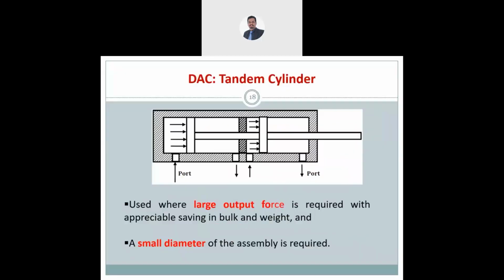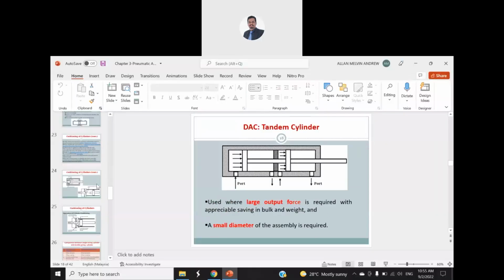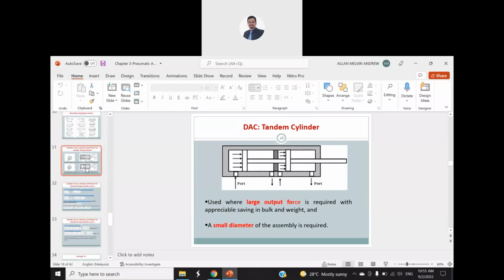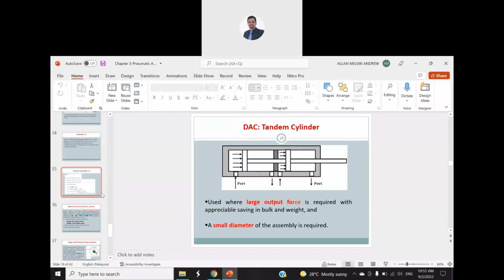Similar concept, but this is for linear. For linear, you have two rooms, and it produces a larger force. For linear, we call it force, and for rotational, we call it torque.